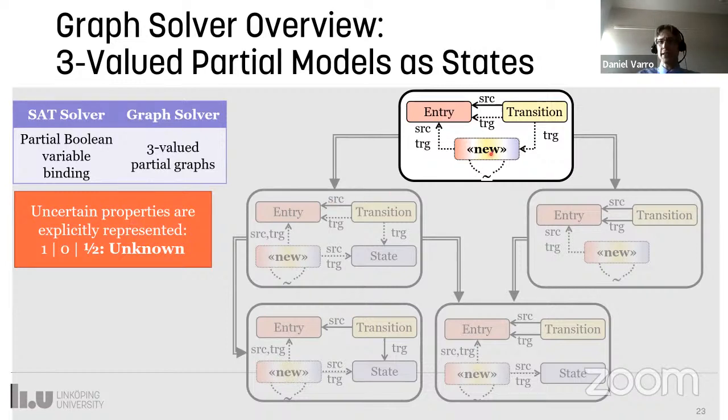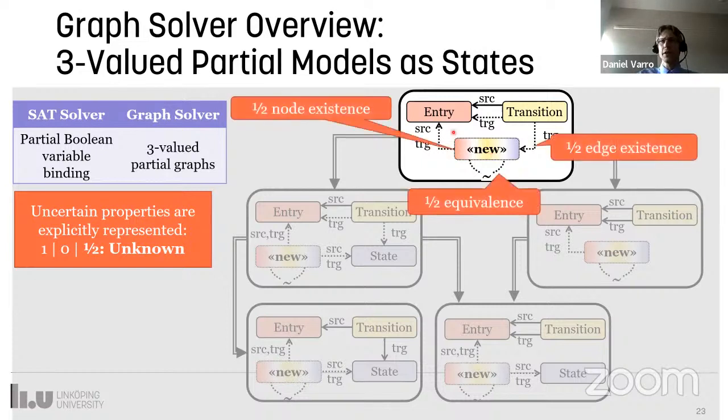In this example, we already know that the state machine has an entry state and a transition coming out of the entry state. This is certain information, but we don't yet know where this particular transition is leading to. Maybe it's leading to the entry state itself. Maybe it's leading to a new graph node, which is again uncertain. So we have uncertainty with the existence or non-existence of edges and nodes.